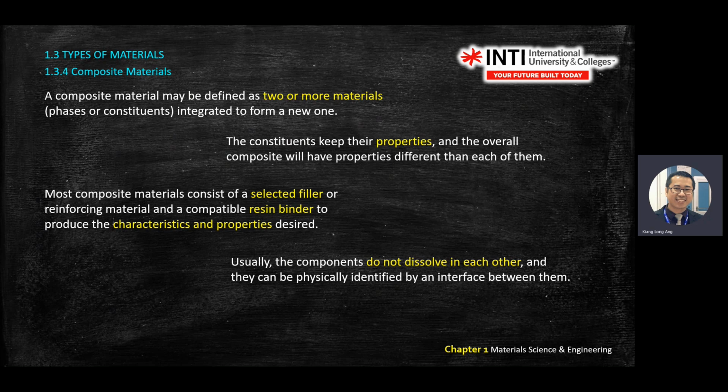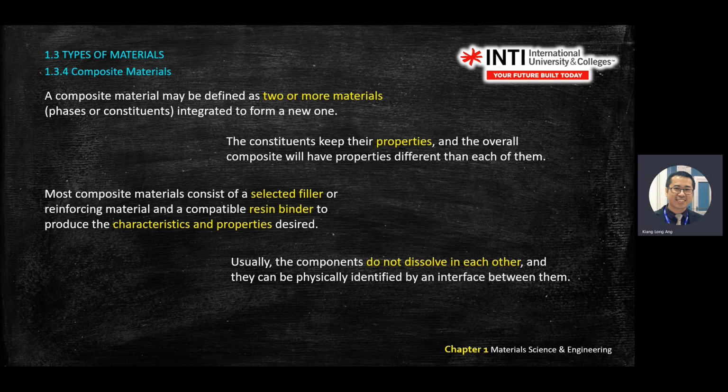Most composites have a few elements. First, you have a filler. Then you have a resin binder. These two, normally you use filler and binder in composite material. The components normally do not dissolve in each other.